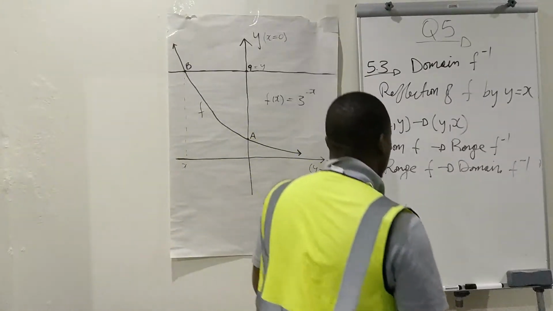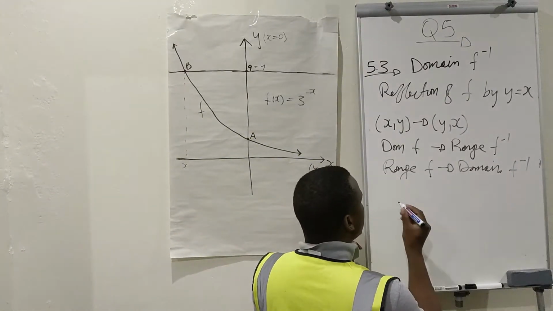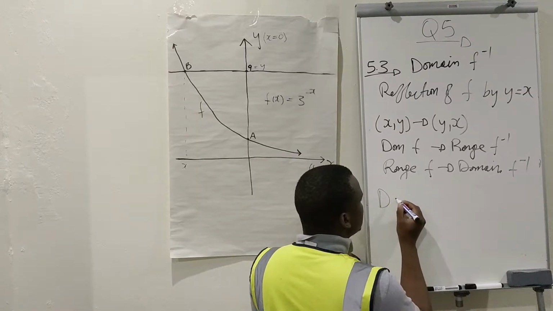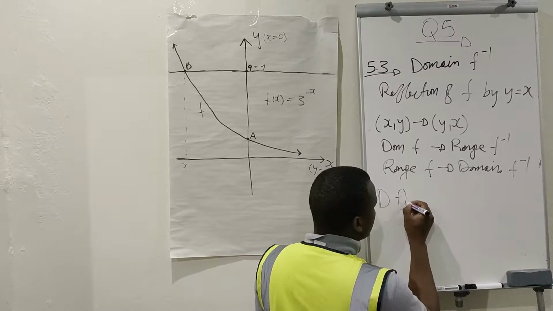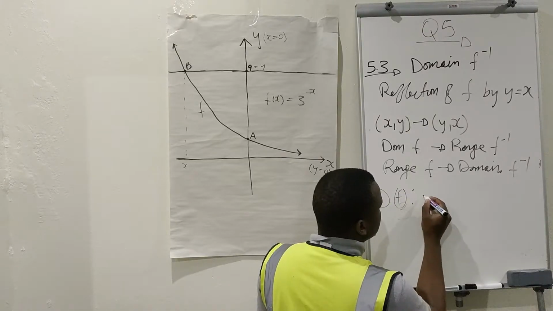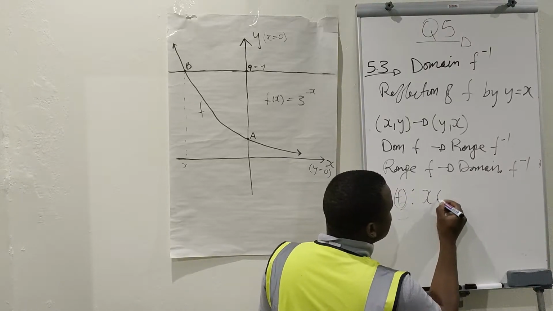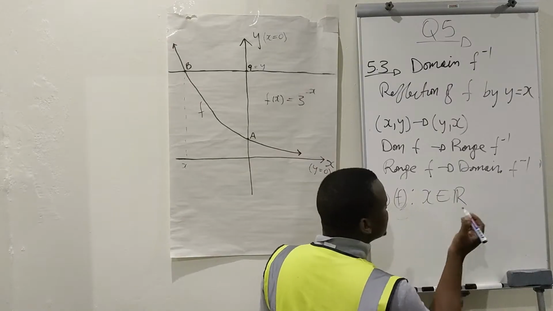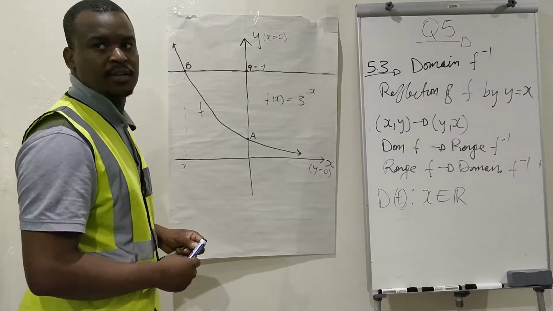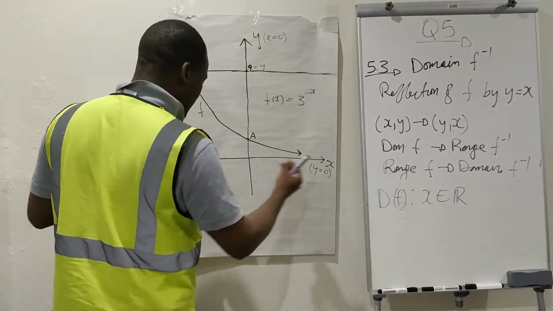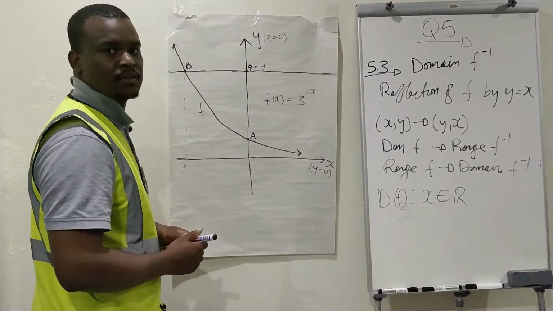This tells you that for your domain of f, you say x is an element of the real numbers, which means x is defined everywhere along this line.